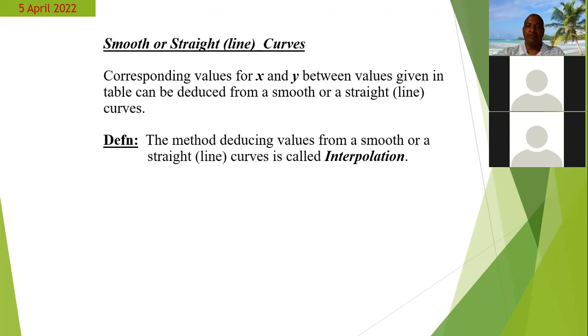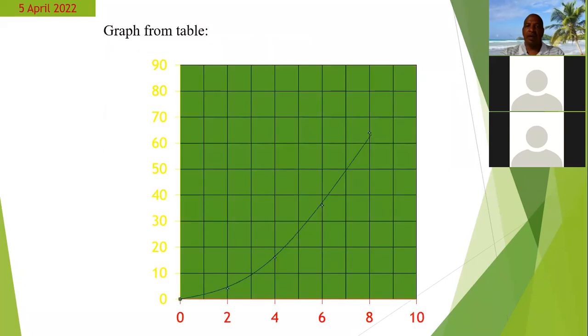All right, what that means. Let me just go back to the graph. If you look at this curve, this is the curve that we just drew from the table. We know that on the table, for the X values, we use 0, 2, 4, 6, 8.